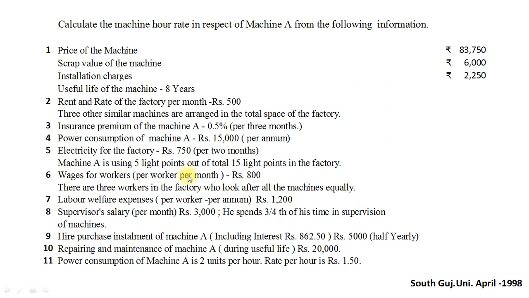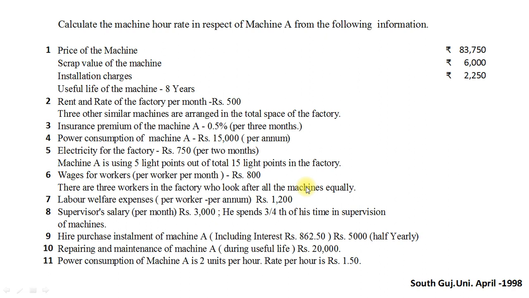Okay. Now next, wages for workers. Per worker per month rupees 800. There are 3 workers in the factory who look after all the machines equally. So our wages per annum would be rupees 800 multiplied by 3, that is 2,400, divided by 4 machines, because all 3 workers look after all machines equally.